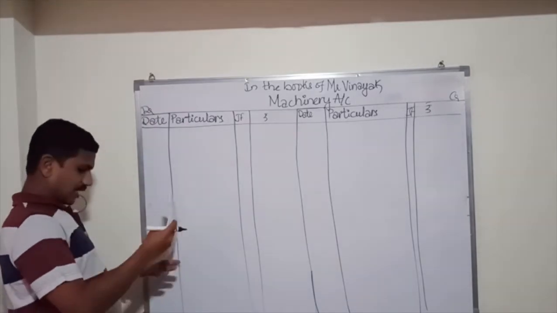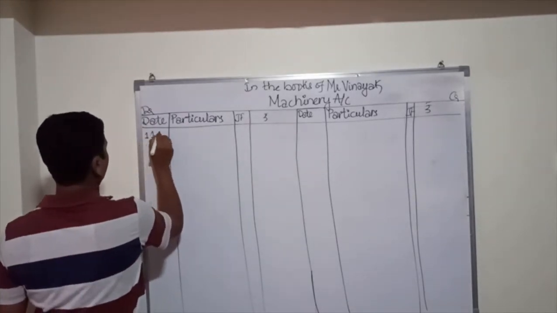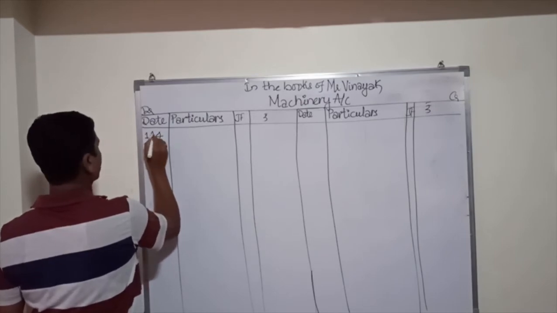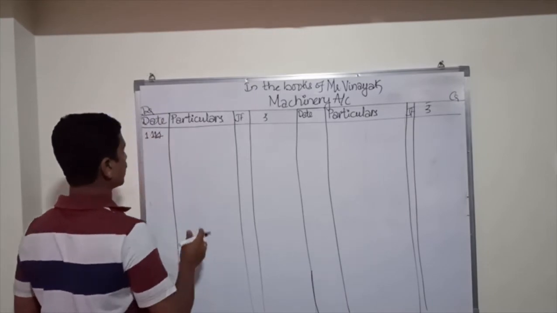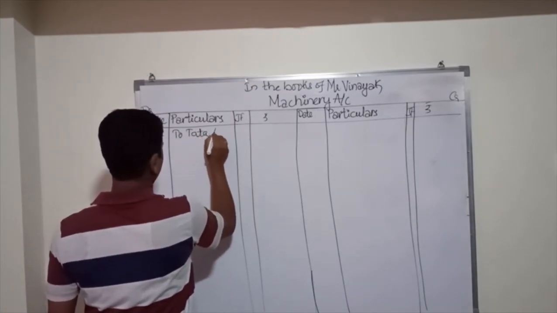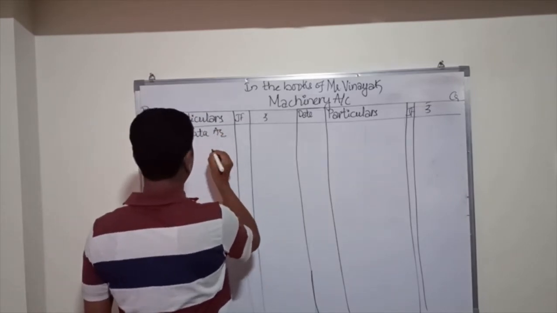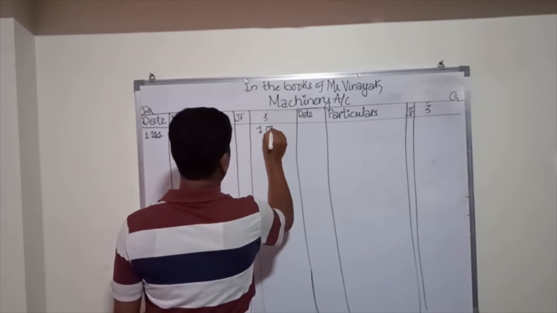So the agreement is signed on 1/1/2014. When the down payment becomes payable here, machinery account debit to Tata Company Limited, rupees 1 lakh.